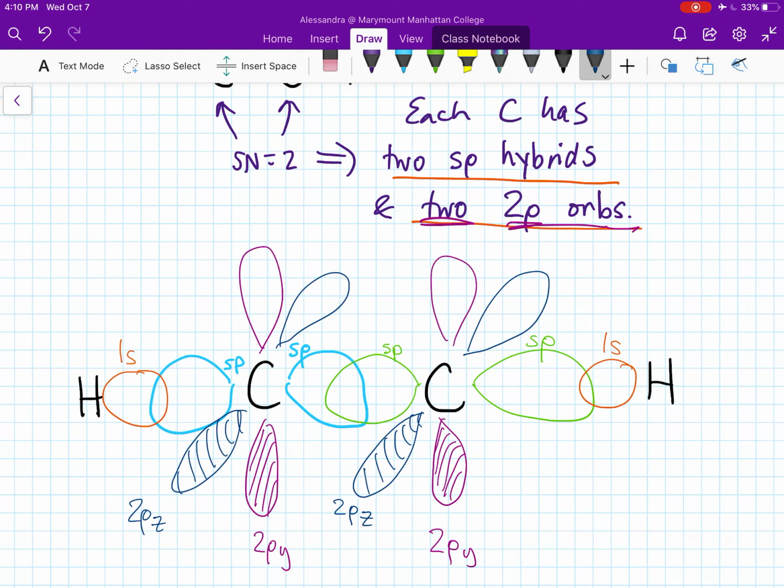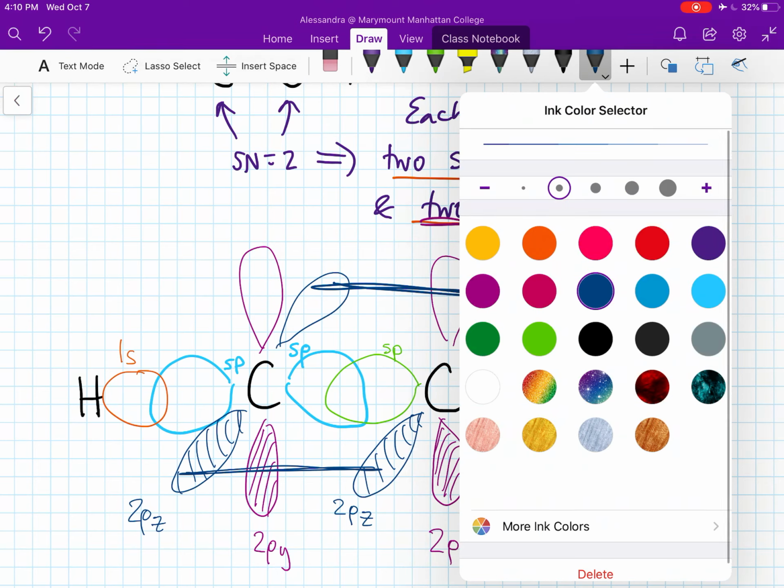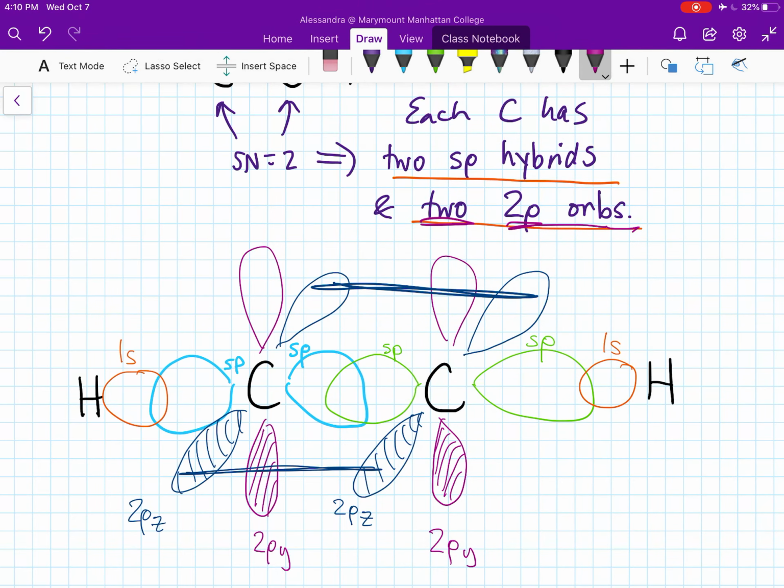Now I can use interaction between the 2p orbitals above and below the bonding axis to justify the creation of the pi bonds. I'm going to have interaction between the lobes of the 2pz orbitals above and below the bond, and also interaction of those 2py orbitals above and below the bonding axis. These lines I'm drawing just show the interaction between those orbitals.